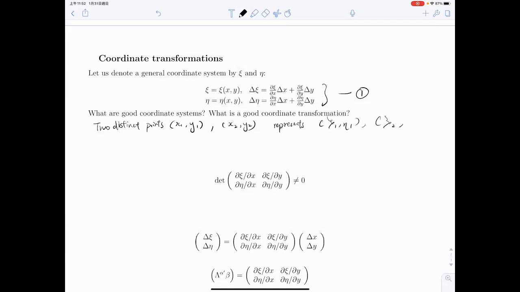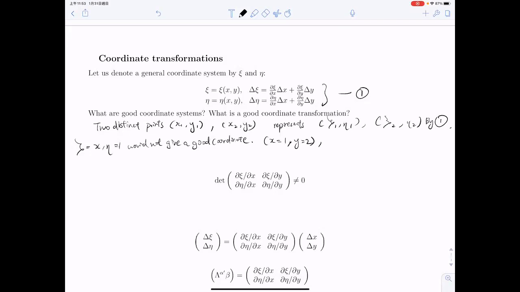By the first two equations, for instance, if the definition of eta is equal to x and xi is equal to x, eta equal to 1, this case would not give a good coordinate. Why? Because for distinct points, you can see x equal to 1, y equal to 2, and xi equal to x.